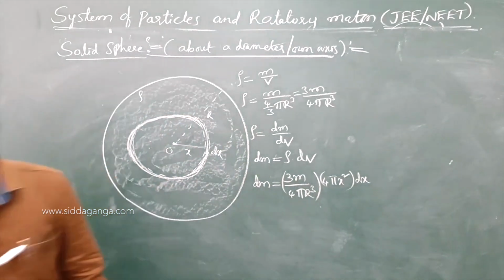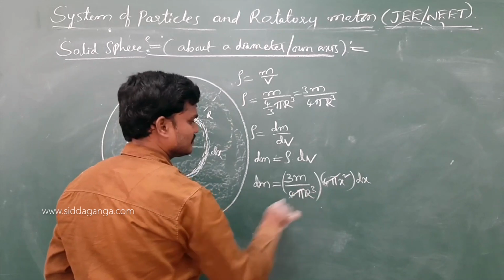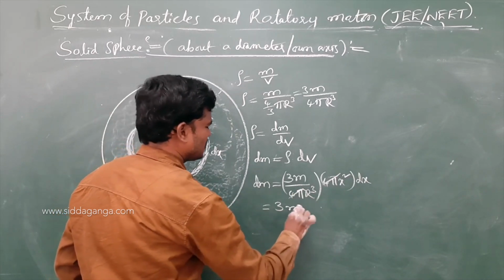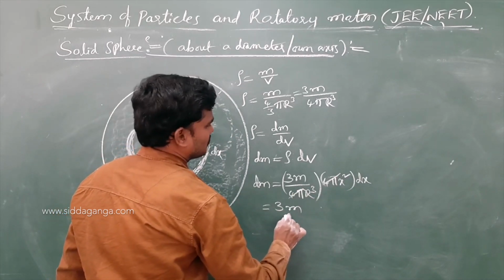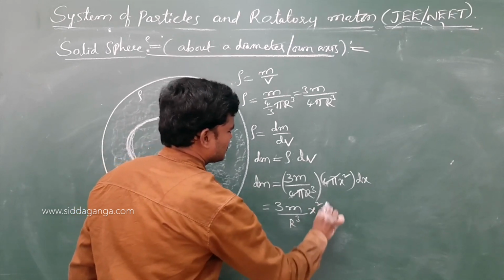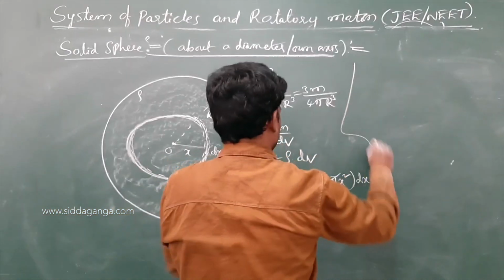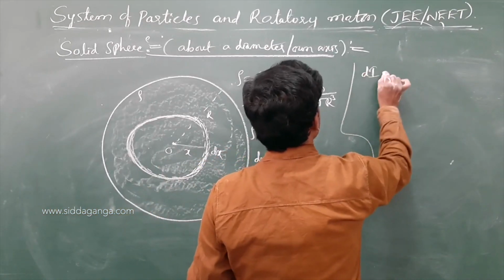Now the mass of that part is dm, with r cube x square dx. This is the mass.